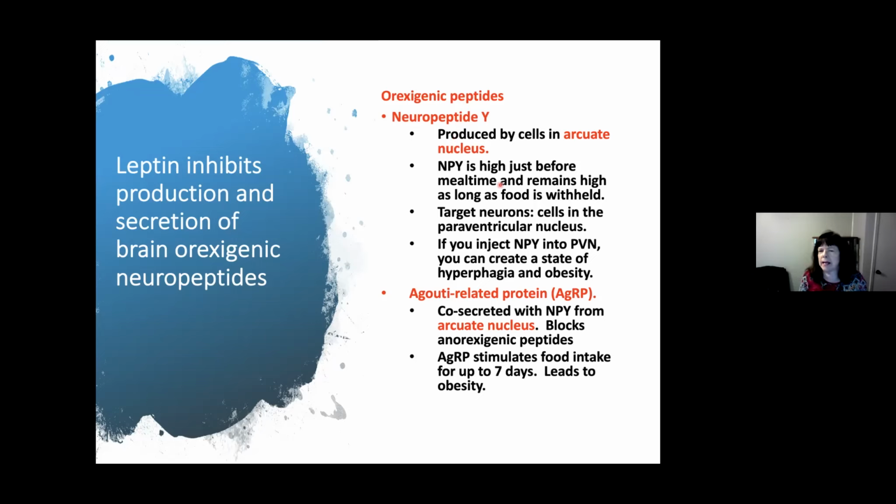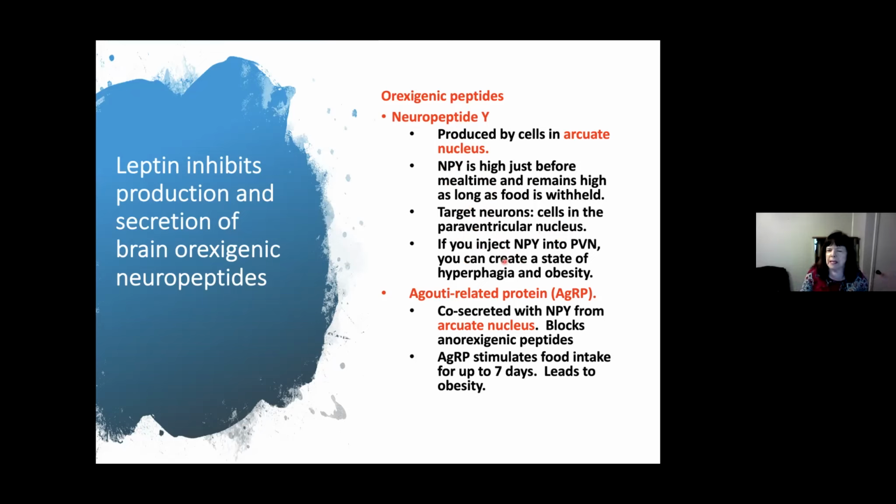It's high just before mealtime, and it remains high as long as we don't eat. It sends signals to cells in the paraventricular nucleus. If you have a lot of NPY, you end up with a state of hyperphagia, meaning you're eating all the time, and you can turn into a blimp.